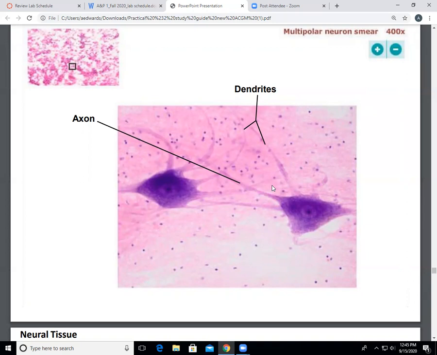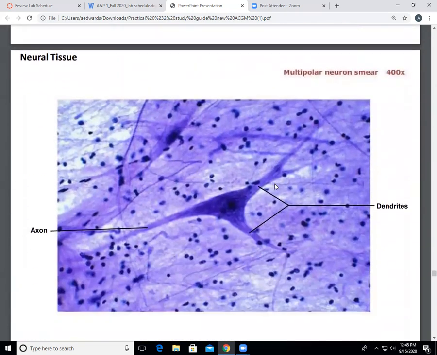If I showed you a microscope slide like this or a picture like this, you need to tell me either, if I ask for a big group, nervous tissue or neural tissue. If I ask for specific tissue, you tell me the neurons. Does that make sense? Big category, specific tissue. All right, another view. And here's your axon, and here are your dendrites. There's your cell body. You can kind of see a nucleus there.